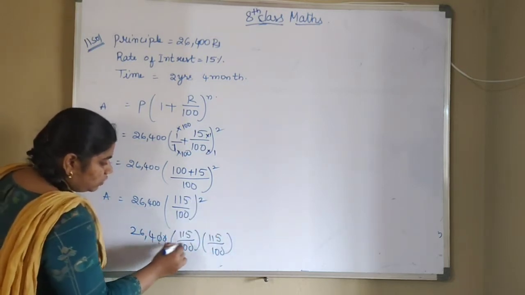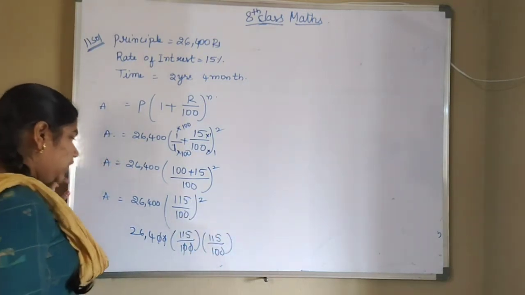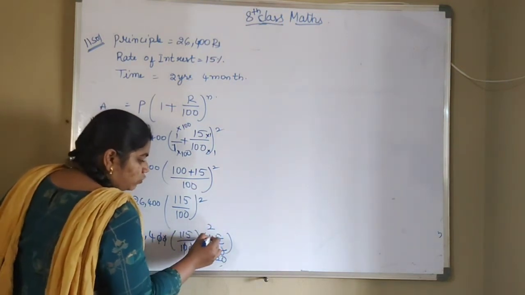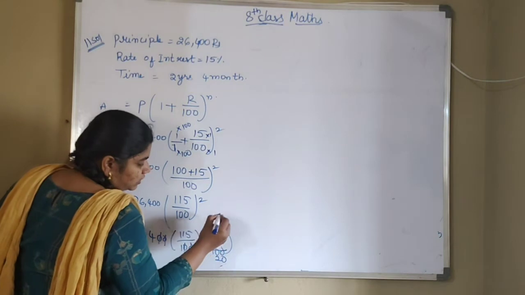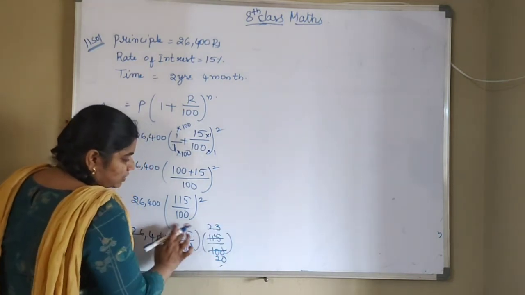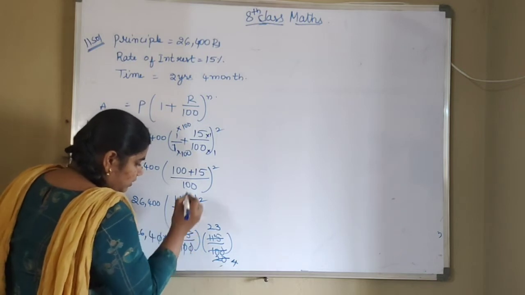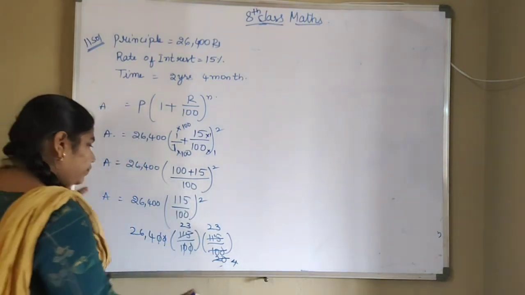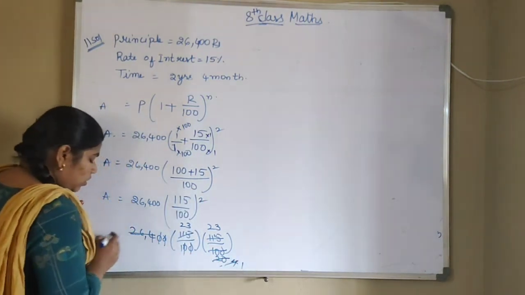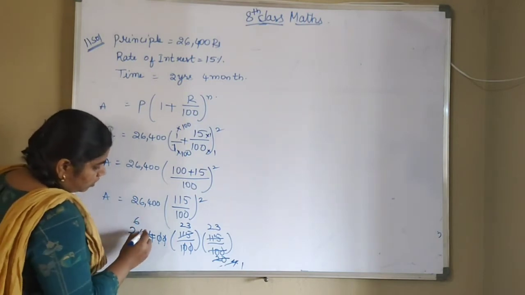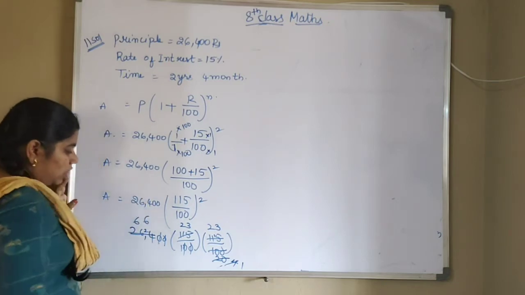So the zeros will get cancelled. Now I am cancelling in the 5 table. 5 twos are 10, 5 threes are 15. So again I am cancelling in the 5 table. 5 fours are 20, 5 twenty-threes are 115. In the 4 table, 4 sixes are 24, 4 sixes are 24.